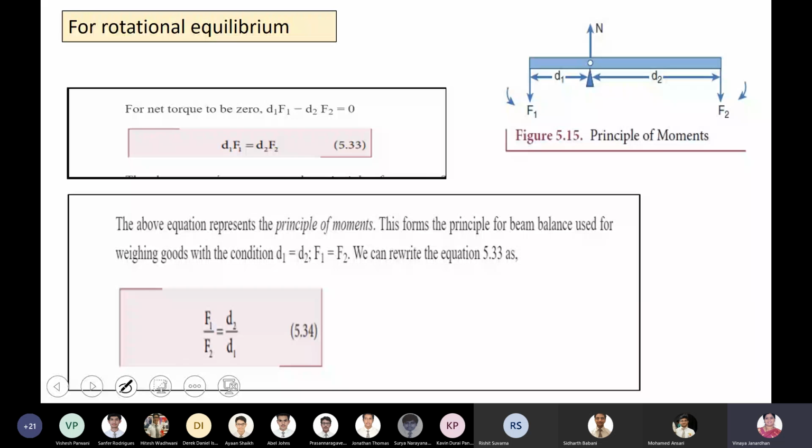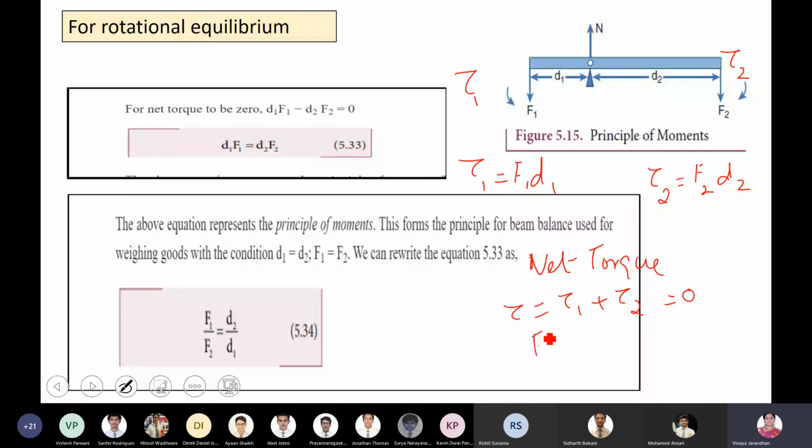So I can write tau 1 is equal to the force times its perpendicular distance, F1 d1. Here tau 2 is equal to F2 into d2. So the net torque tau is equal to tau 1 plus tau 2, which should be equal to 0. So one will be negative, the other one will be positive.